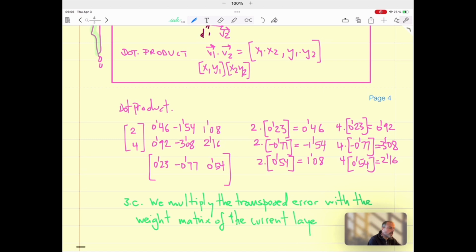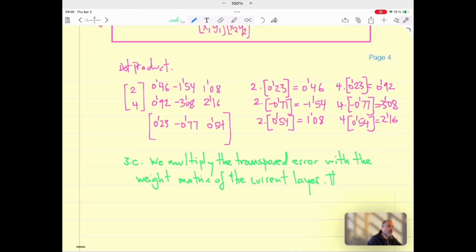Okay, we get the new error. This way, we get the new error of the layer above.